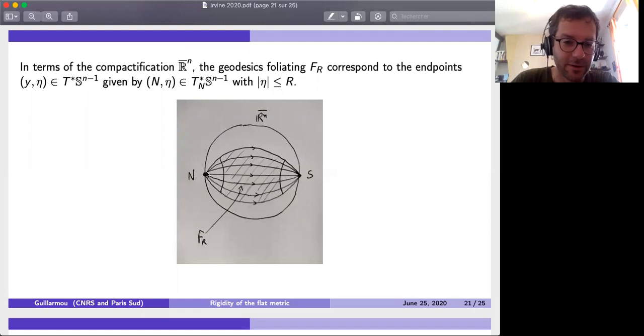And you see in the compactification, the geodesics foliating are drawn like this, like a kind of football. And F of R is just this region that I draw here in the middle.